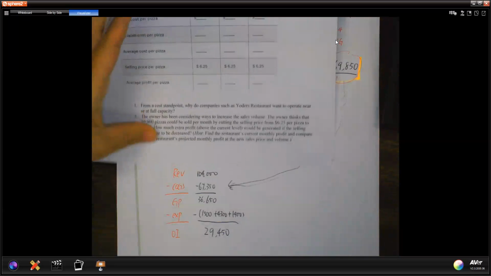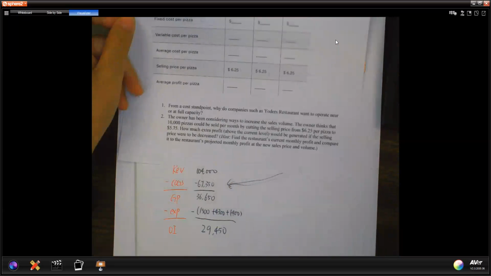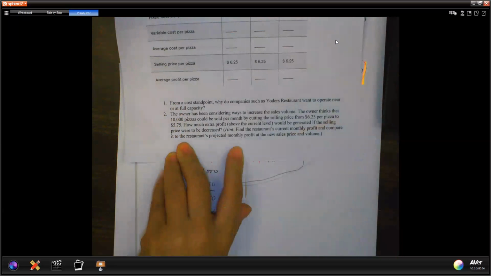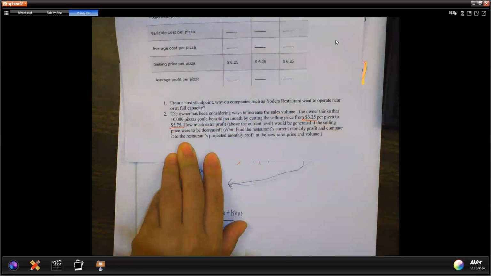Question 3 is talking about that. Instead of making this, you will have another choice. We will talk more about this in the CVP analysis in later chapters, but this just gives you some idea to think about.